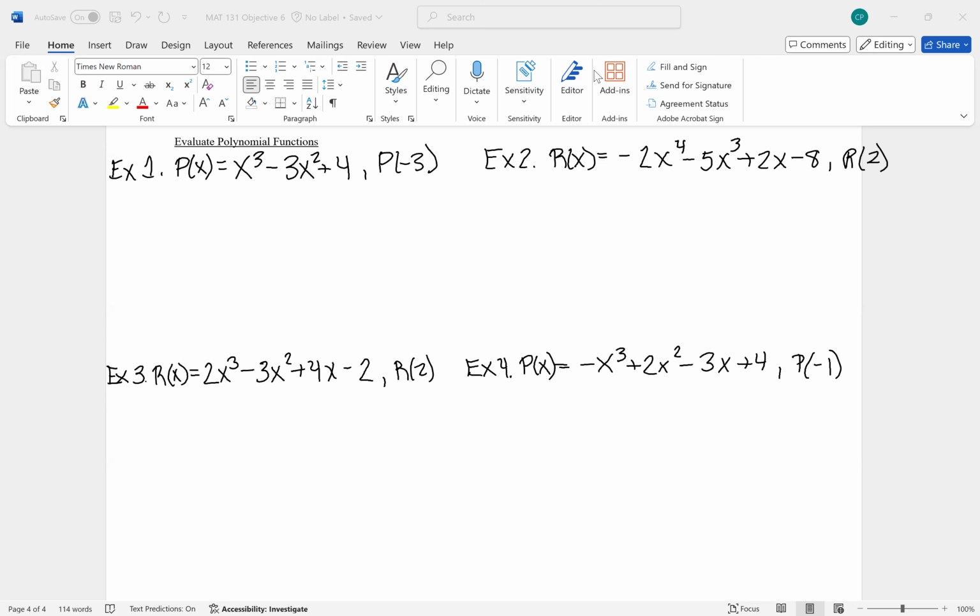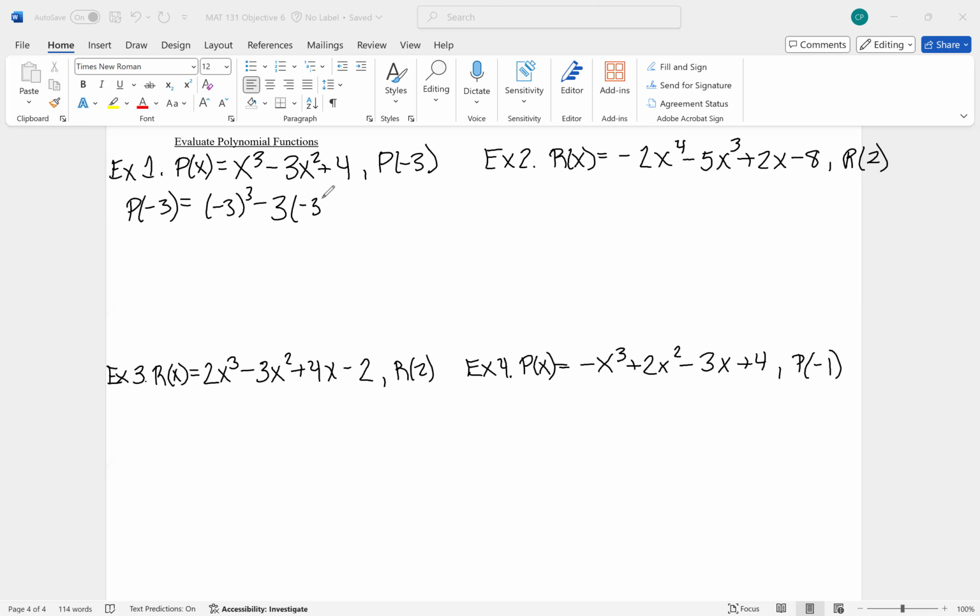So if we look at example 1, we have P of x equals x cubed minus 3x squared plus 4, and we want to know what P of negative 3 is. So to find that, P of negative 3, we're going to plug in negative 3 everywhere we have a x, all right?